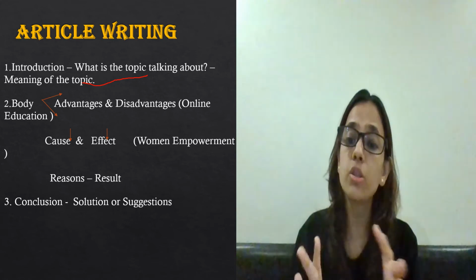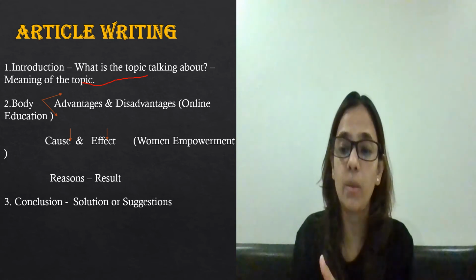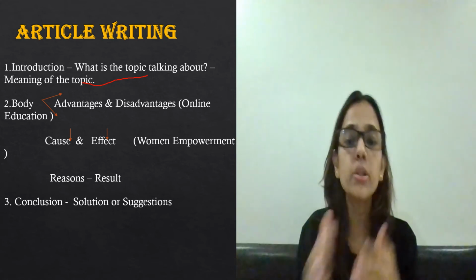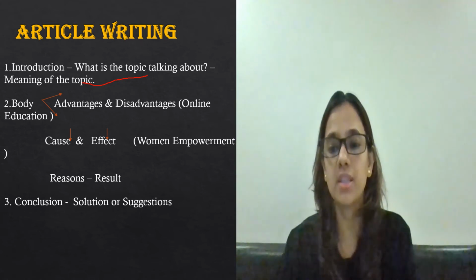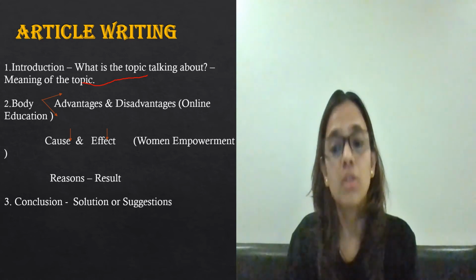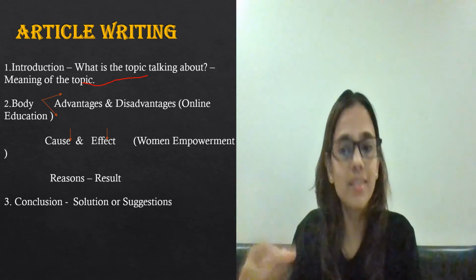So it can fall into what? Only and only the advantages and disadvantages category. It cannot fall into cause and effect. Why? You cannot say causes of online education, effects of online education. That is wrong. So what will you say? Advantages and disadvantages.